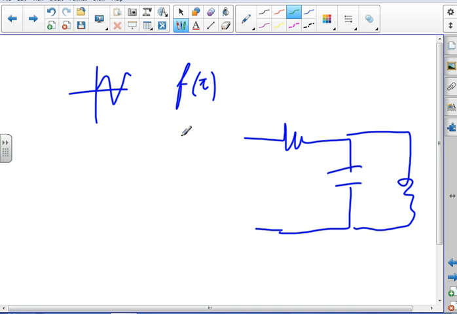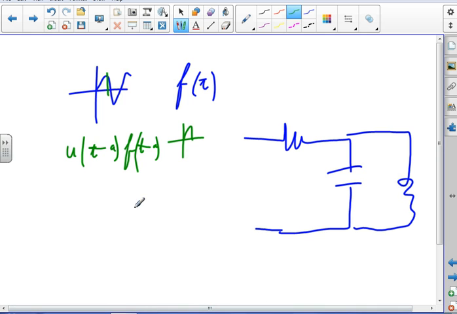So this is the unit step function u of t minus a times f of t minus a. I'm just going to take a little part of it and send it in to energize it, to see what the response is.